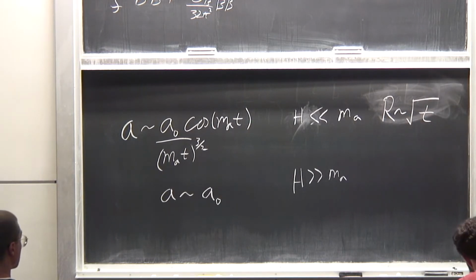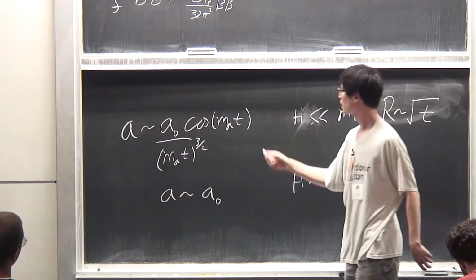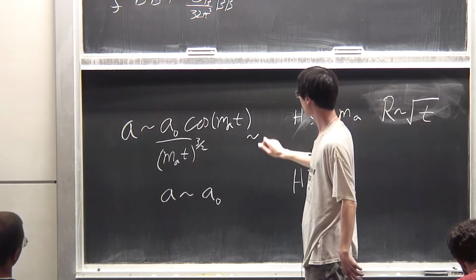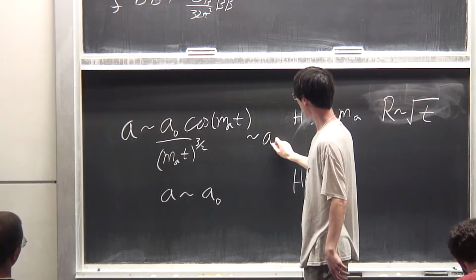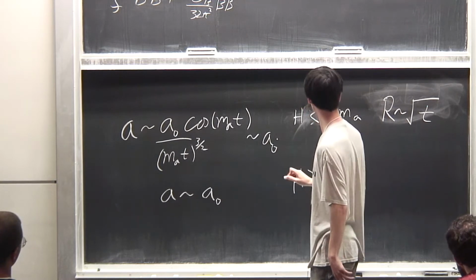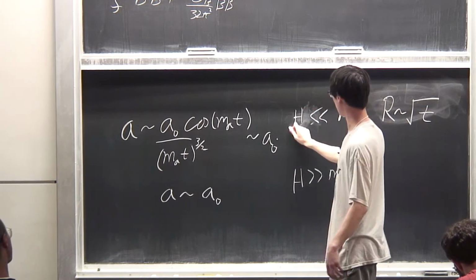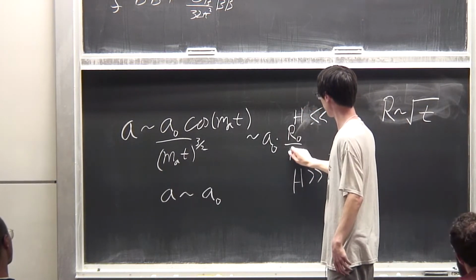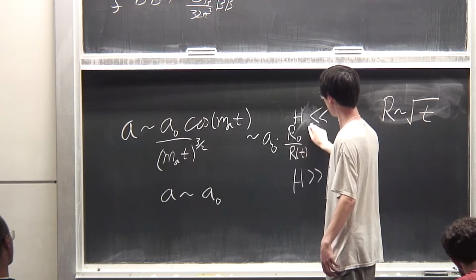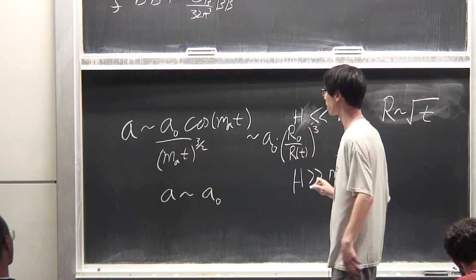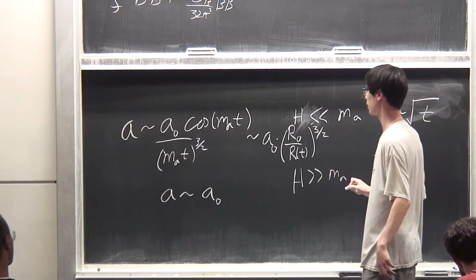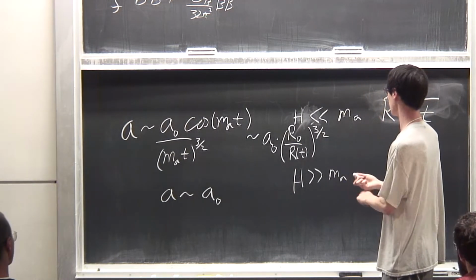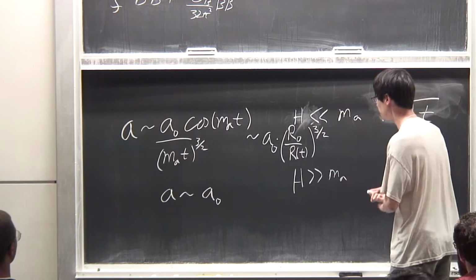Your scale factor is square root of time. And so you'll notice that this is essentially A naught times R naught over R of t cubed. 3/2. Sorry.